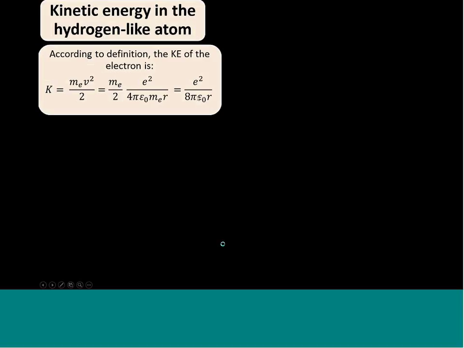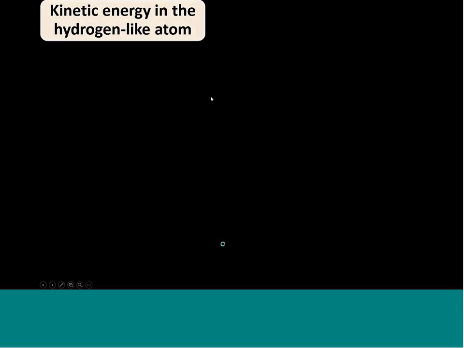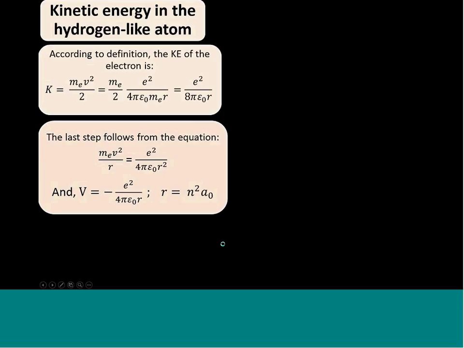That's why tinggal K equal to E kuasa 2 per 8 pi E no. And then the last step daripada equation tadi, M V kuasa 2 per R equal to E kuasa 2 per 4 pi E no R kuasa 2. Dan ada V equal to negative E kuasa 2 per 4 pi E no R.